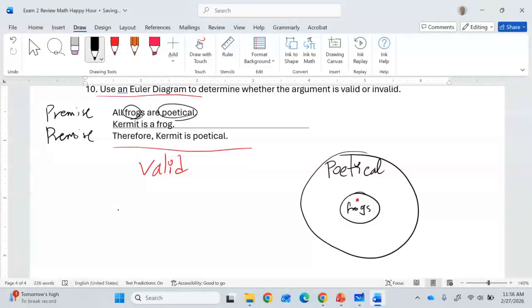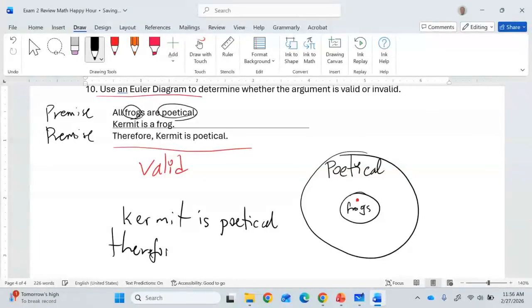A conclusion that would be wrong is if, instead of premise 2, it said Kermit is poetical, and therefore the conclusion would be, therefore, Kermit is a frog.